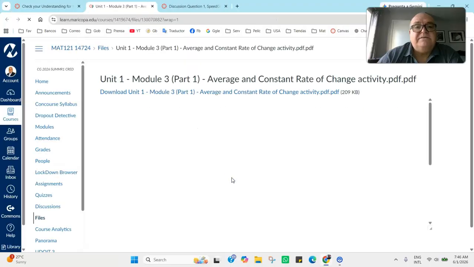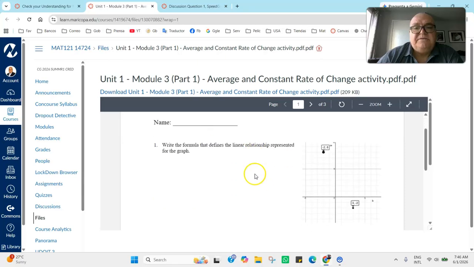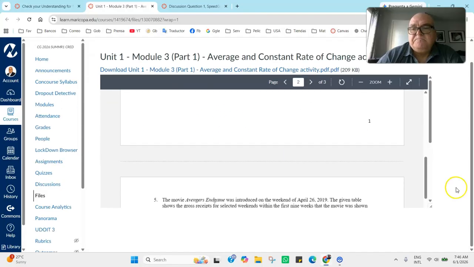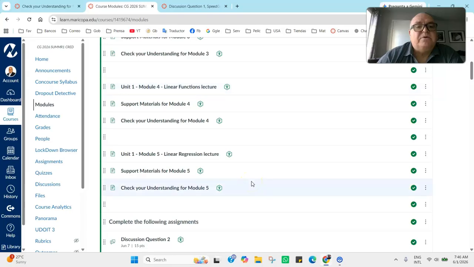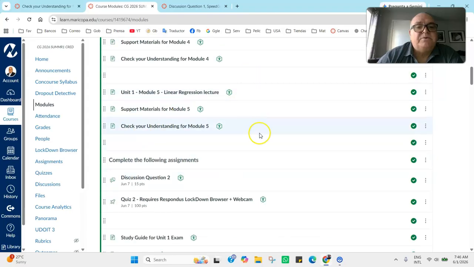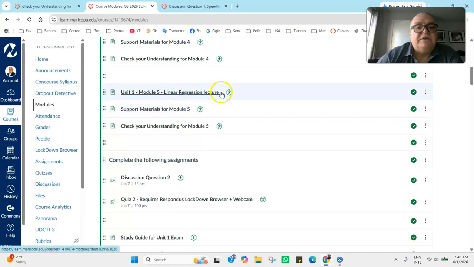Again, my advice is for you to print this and practice, because from check your understanding, there are going to be most of the questions in your test. Just in case you have any kind of problem solving the check your understanding, remember you're going to have the solutions. Same for linear functions, same for linear regression.